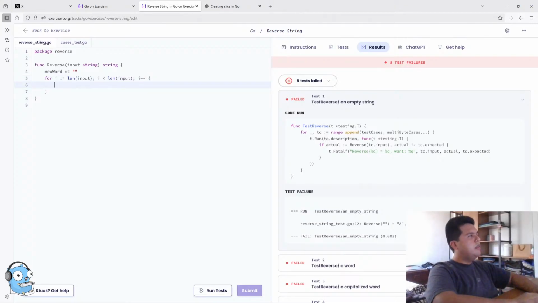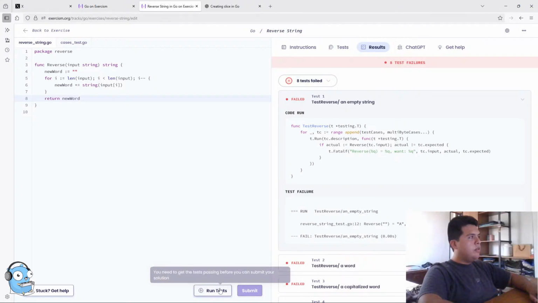That means new word plus equals to string input i, and return new word. Okay.